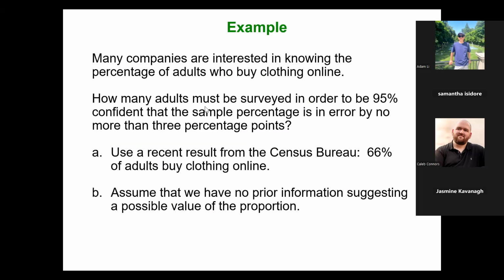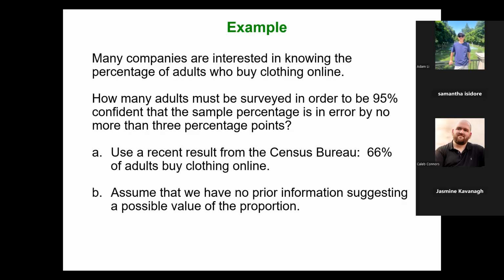And let's look at this. Many companies are interested in knowing the percentage of adults who buy clothing online. So all those e-commerce companies actually collect data from the population, and they hire some firm or some company to work on this project.